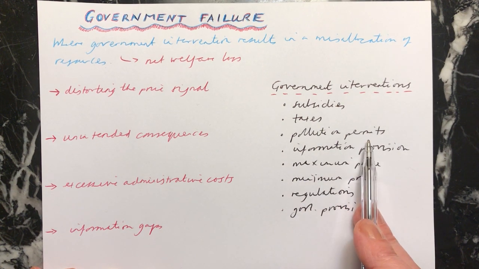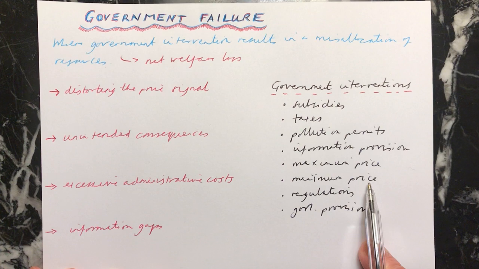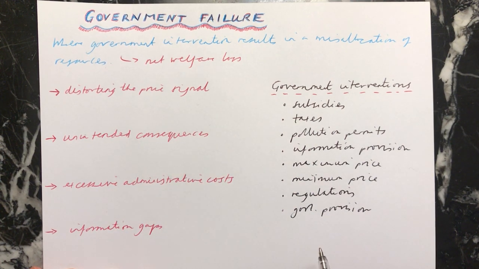Also, with a pollution permit, the polluter is going to have to be paying more money in order to pollute, so it's distorted the price signal. And with a maximum and minimum price, additionally, the government has put something in place which means that the price that has to be paid isn't what the equilibrium price is in the market. The maximum price is below the equilibrium. The minimum price is above the equilibrium, and therefore it's distorting the price signal.